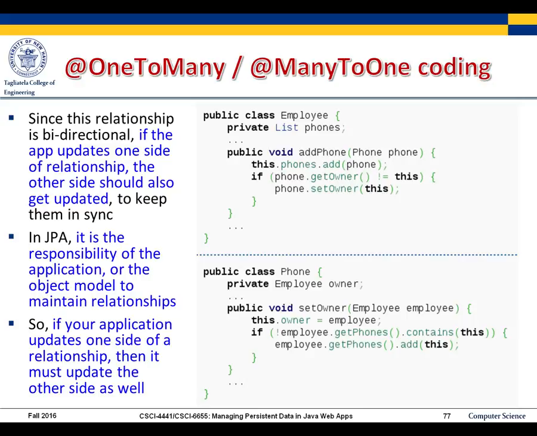So when you add phones to the employee, then likewise you have to get the phones at the other side and set the owner. Okay, so it has to go both ways, which again logically makes sense. Otherwise, you're going to get out of sync.